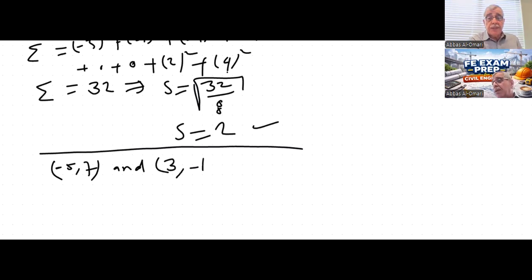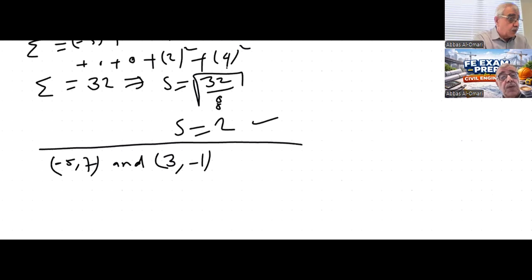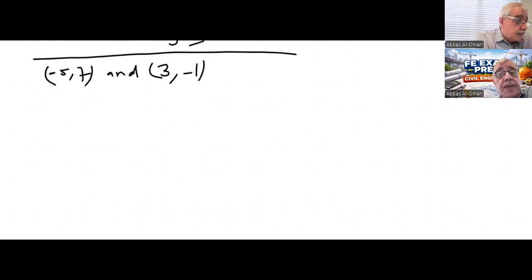And we want to determine the coordinates of the point at the middle between these 2 points, midway between these 2 points. So we take the x first, if this is the Cartesian coordinate.